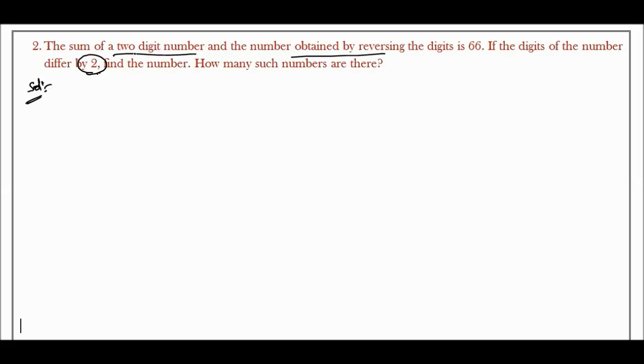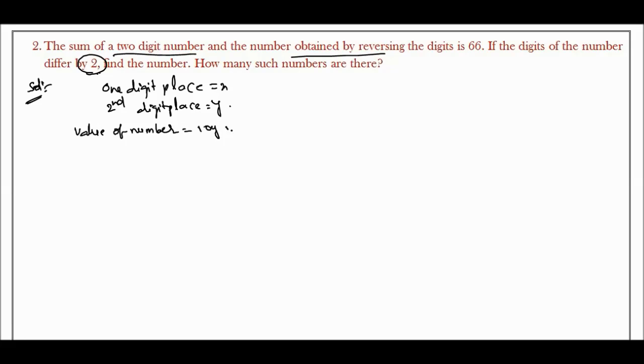For a two digit number, first we take the one's digit place as x, and the second digit place as y. So the value of the number is 10y plus x.